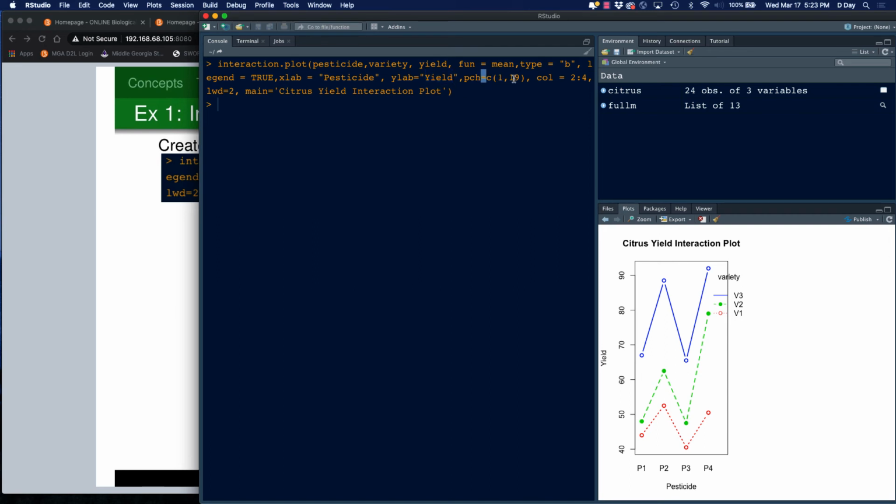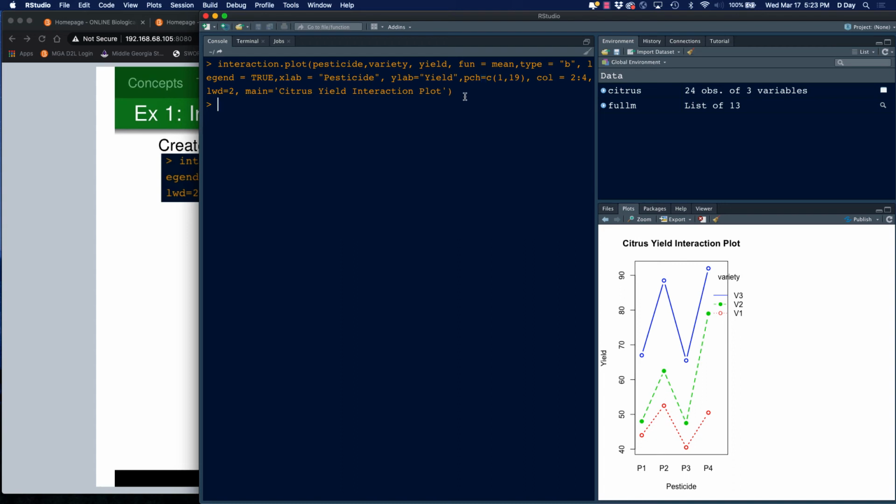PCH, 1 through 19, I'm kind of giving it an option to pick different values for the points here. And then the color, again, I knew how many levels I had in my second factor, so I needed 3 colors, so I chose 2 through 4. Change the line width to 2. Basically copy and paste this, change a few things around, and you'll be good to go.